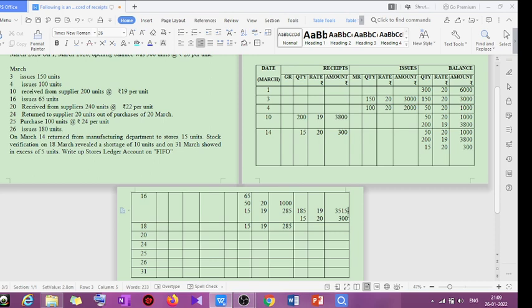Note the changes here. See here, out of 200, 15 gone now, so it will be 185, right? I have made some mistake. Please rectify it. That is 200 minus 15 will be 175. Okay. Now tell me, out of 185, 15 gone. How much remained?